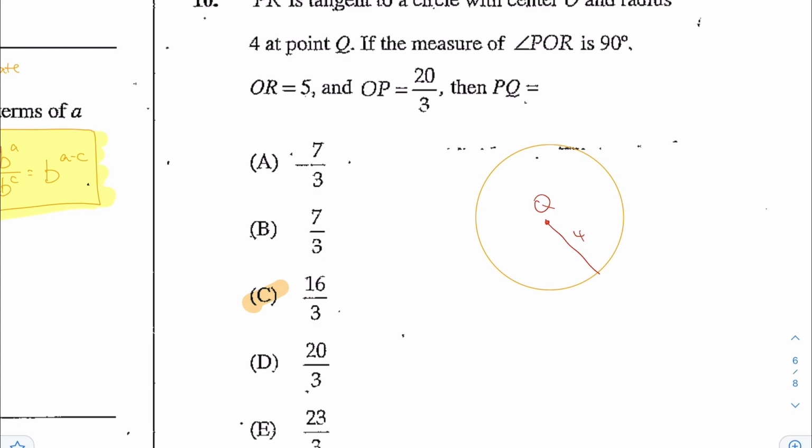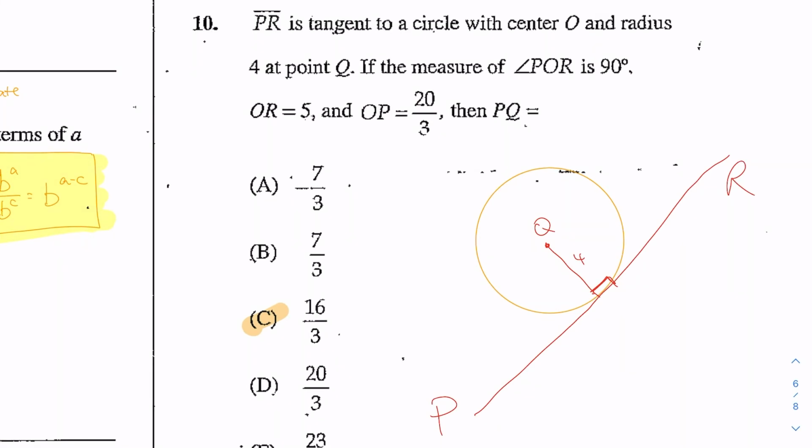So PR is tangent to this, which means that it has to meet at a right angle. Now the measure of angle POR is 90. All right, and then we make a couple of changes. The center is actually O, not Q, and point Q is actually here. So here the measure of angle POR is 90 degrees.